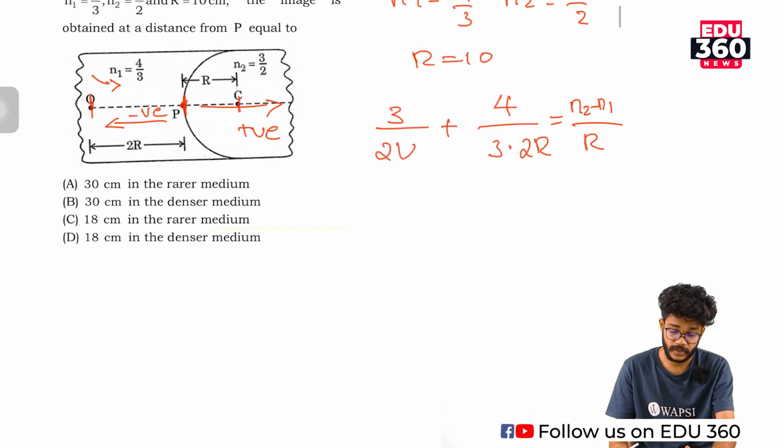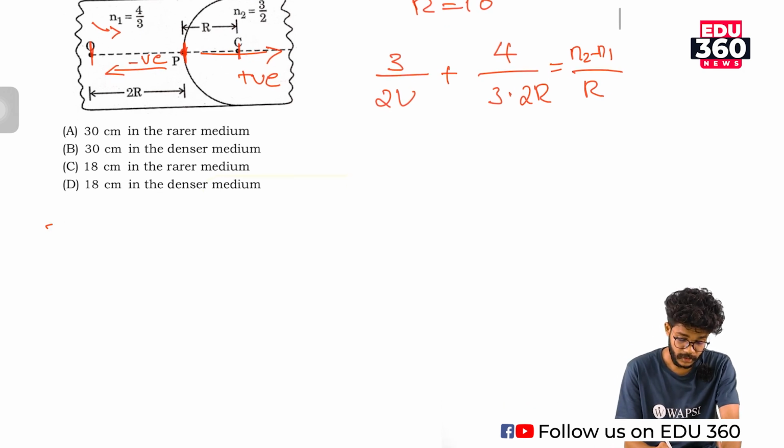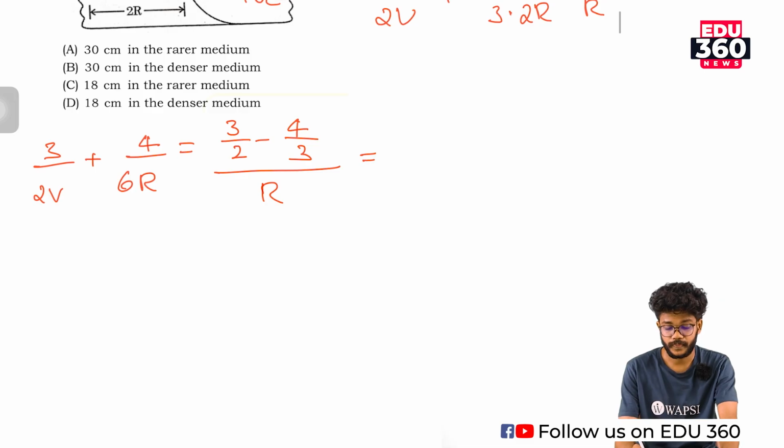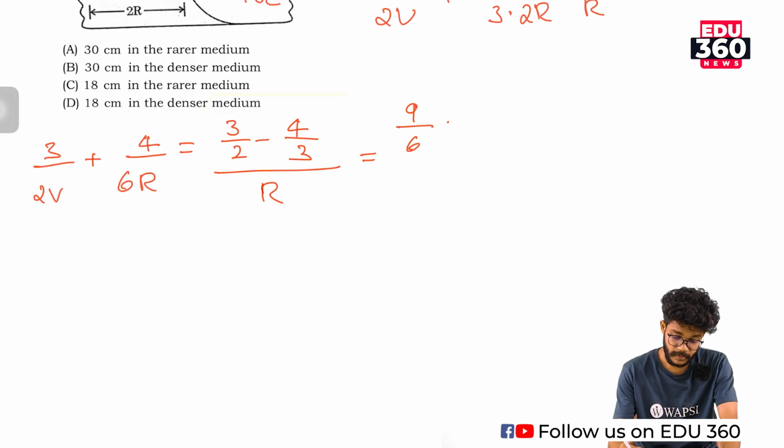Okay. So we can solve the equation. 3 by 2v plus 4 by 6r is equal to n2 minus n1, that is 3 by 2 minus 4 by 3, all divided by r. Which is equal to 9 by 6 minus 8 by 6 divided by r, which is equal to 1 by 6r.